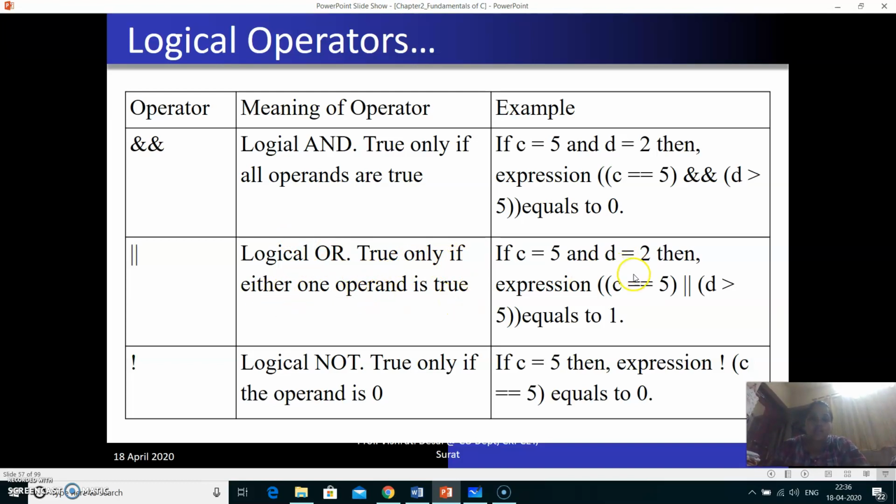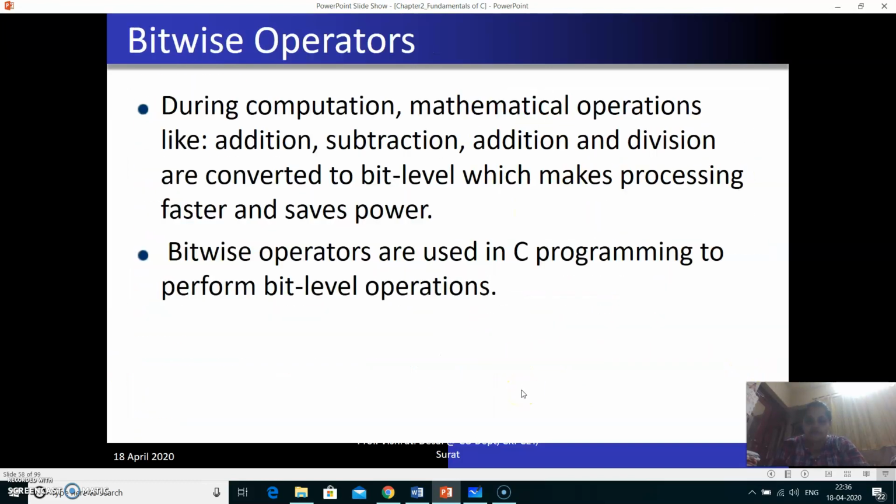That is again the same expression, but in this case, it will check the first expression. If it is true, then also it will check the second operation. If any one operation is true, your result is 1. Next operator is the logical NOT. It will perform the negation of the value.